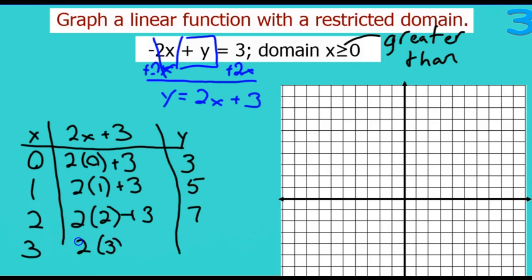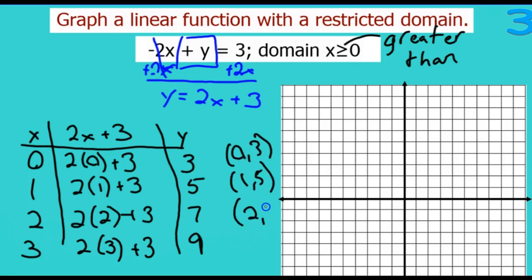And 2 times 3 plus 3. 2 times 3 is 6, plus 3 is 9. So our points are 0, 3, 1, 5, 2, 7, and 3, 9.